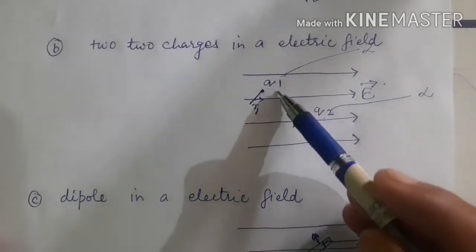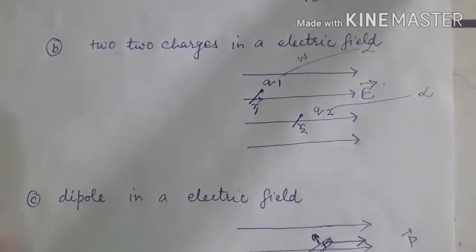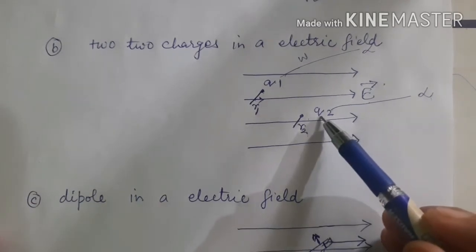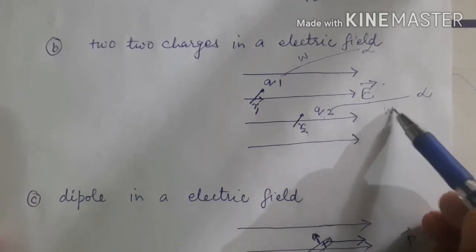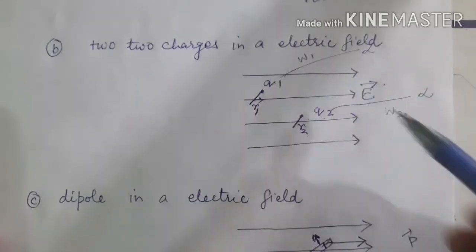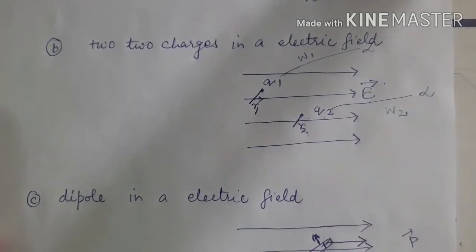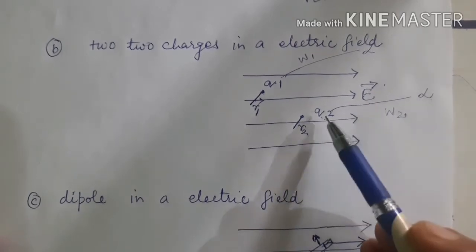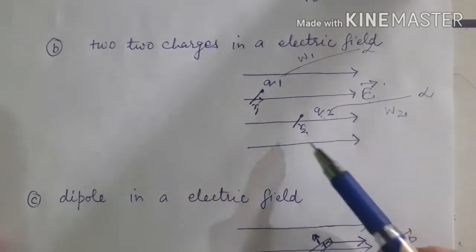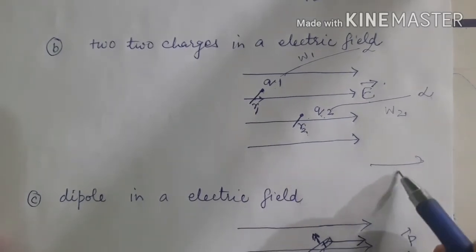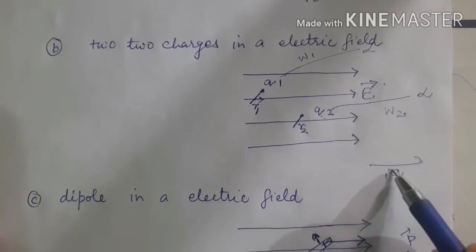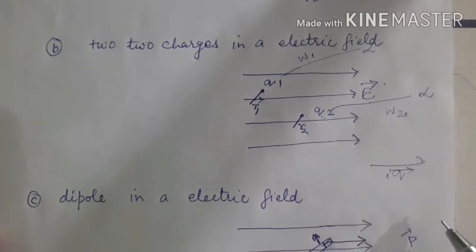Similarly, we will calculate the work done. Second, we bring this charged particle, that is Q2, from infinity to this position, and that is work done W2. This is your W1 and this is your W2. Now, when I am bringing this charged particle Q2, we have to do work against this electric field as well as this charge, because we know that when a charge is placed in an electric field, if it is a positive charge, it will move automatically along the direction of the electric field.